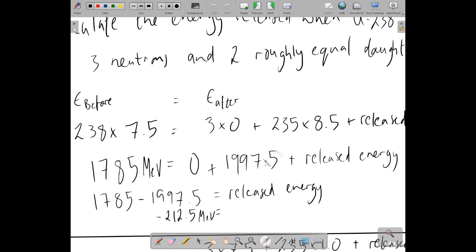Okay, so you have to remember that this binding energy is the energy that is the mass deficit when compared to free nucleons. So to go from this heavier mass to this lighter mass is going to release energy. To go from this lower binding energy to this higher binding energy means that energy will be released.